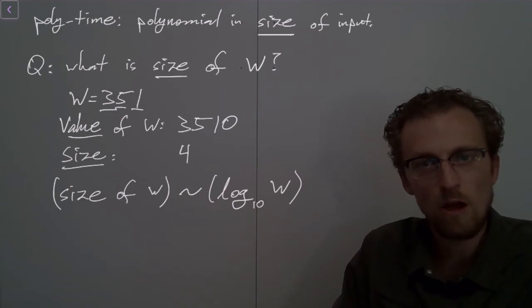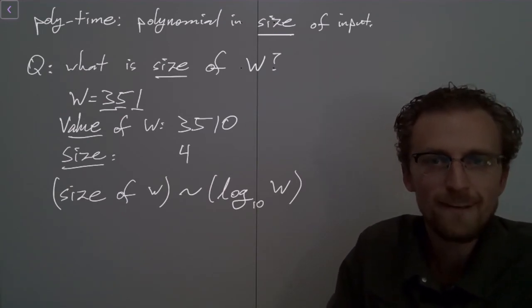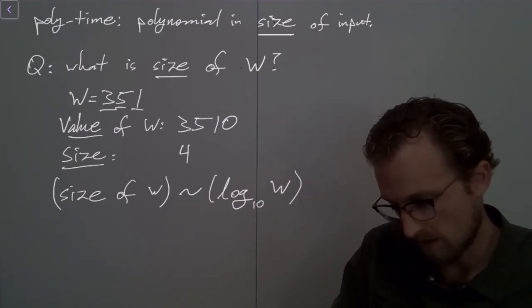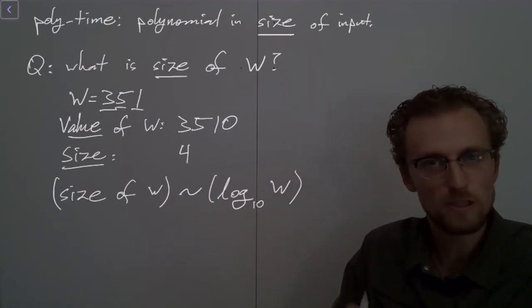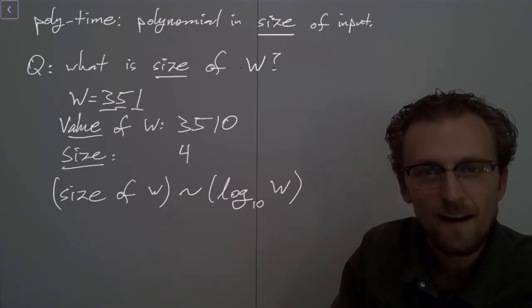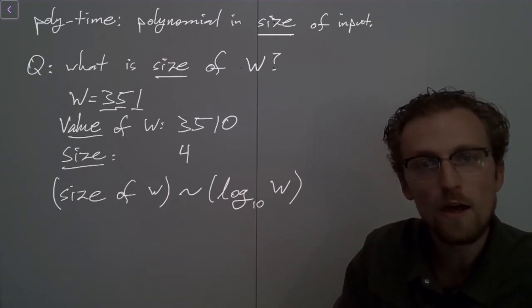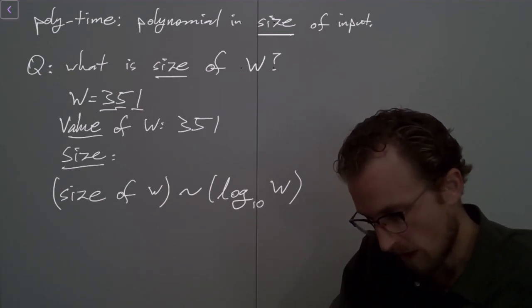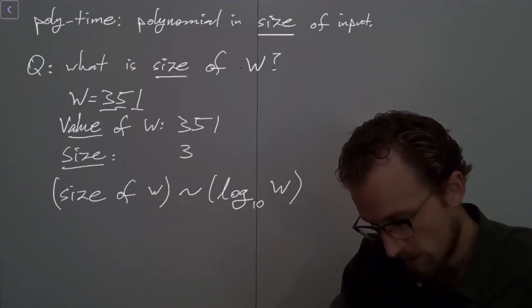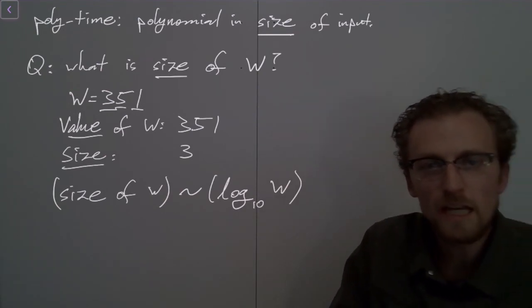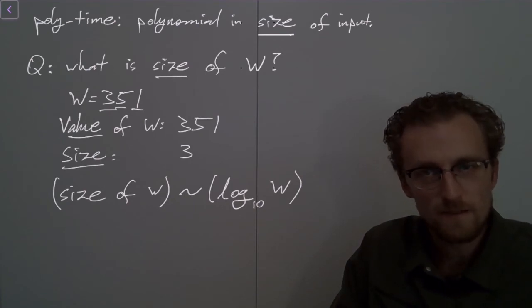The log of 3510 is 3 point something, because it looks like 1,000 times something less than 10. The floor of the log of this would be 3, and then plus 1 gives me the size. Let me back up so that I don't have this thing cluttered for posterity. So the size of W is related to the logarithm of its value.